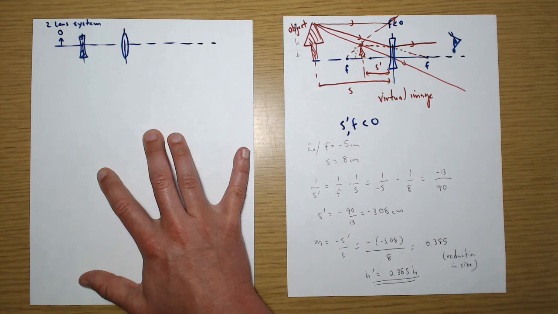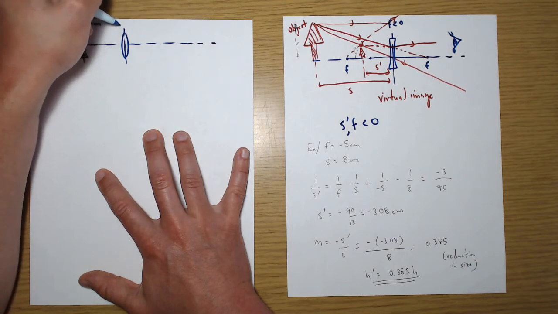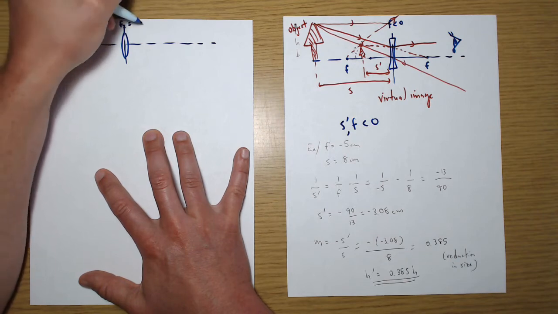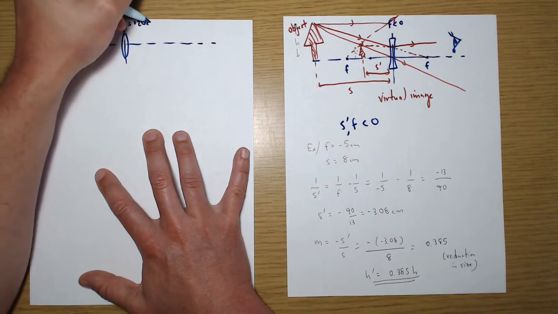Okay, now I'm going to put some numbers on this. And we're going to try to solve a simple problem here. So this one, I'm going to call this lens number 2, has a focal length of plus 20 centimeters.